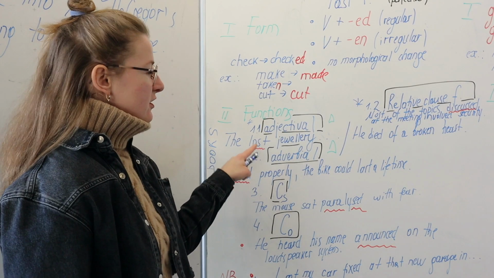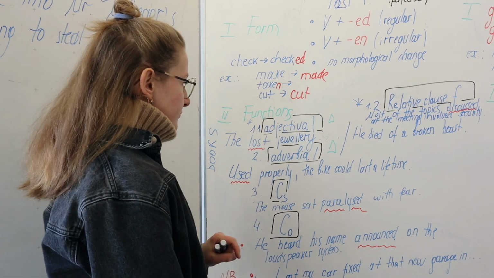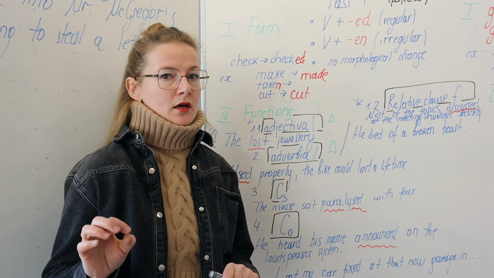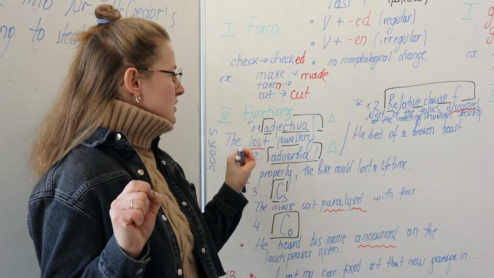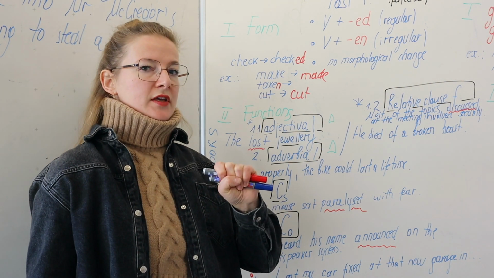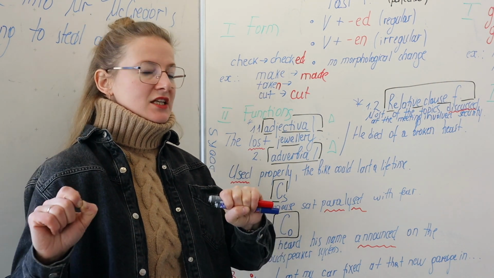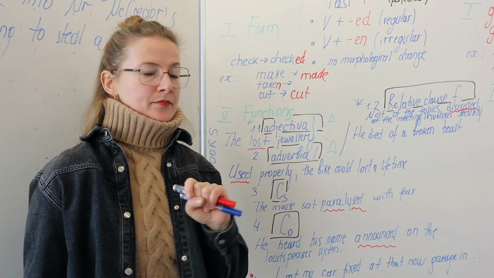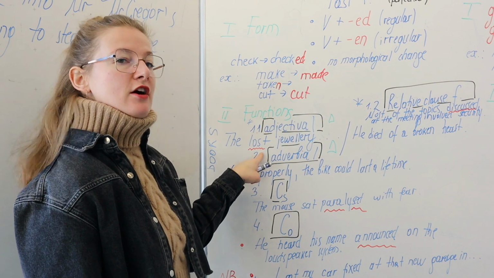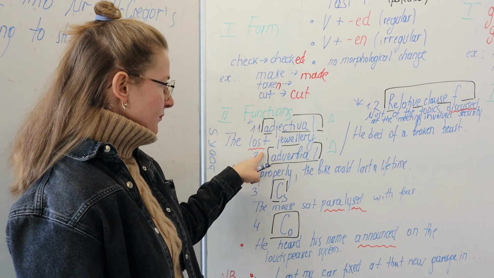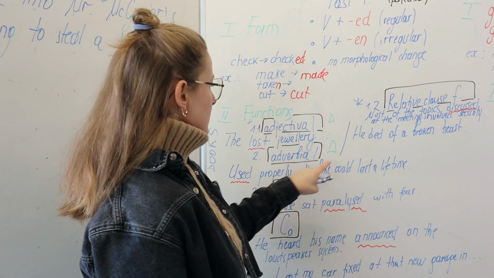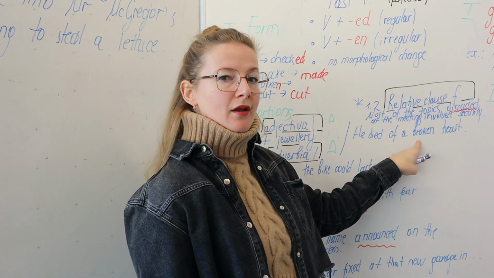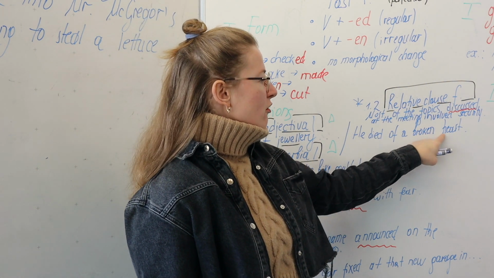Okay, so the first function is very similar to when we talked about the present participle. It's called adjectival, so the past participle behaves as an adjective, as in the lost jewelry. The past participle lost functions as an adjective here. Or, for example, he died of a broken heart. A broken heart.